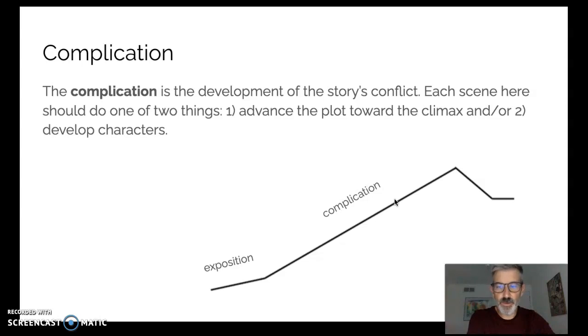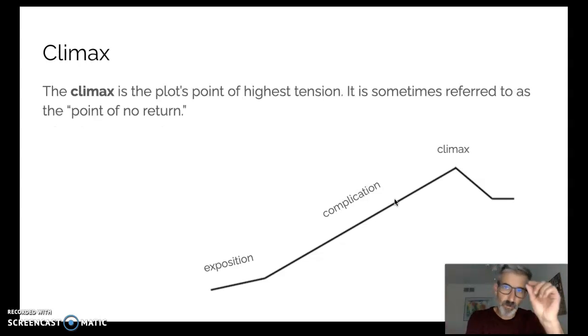Then this leads us to the climactic point in the story, which is the point of highest tension. Some people refer to it as the point of no return. If you think about the stereotypical Western, for instance, a Western usually ends in a shootout, and that shootout would be considered the climactic scene.